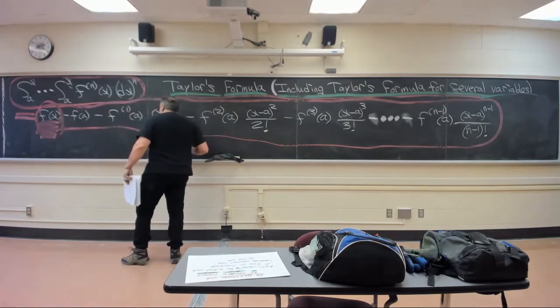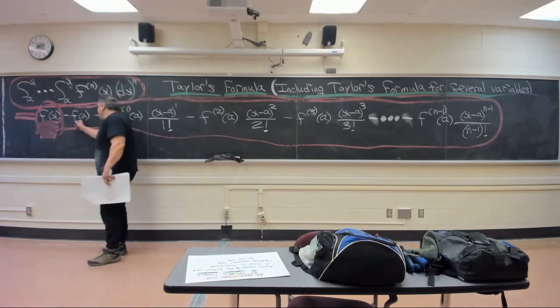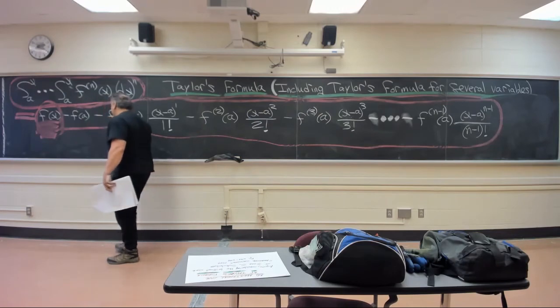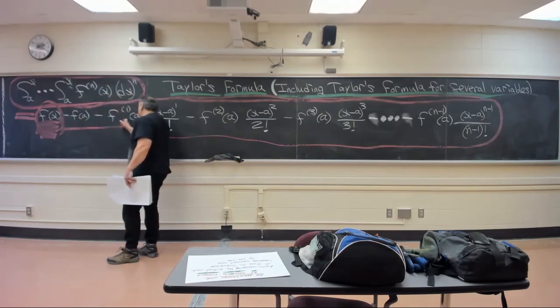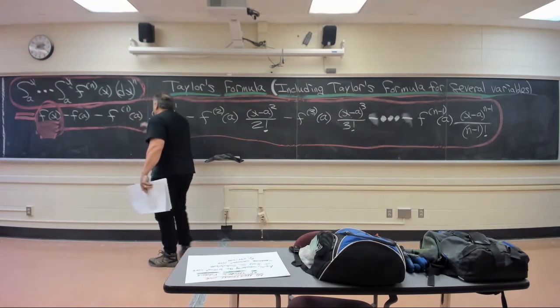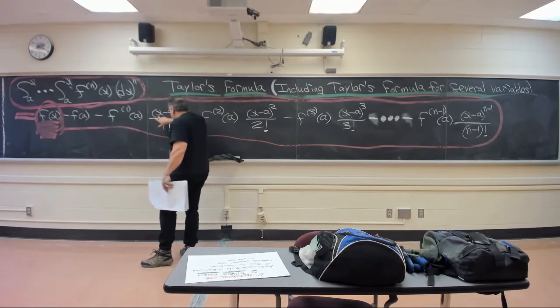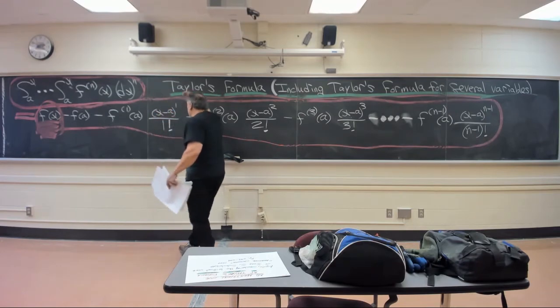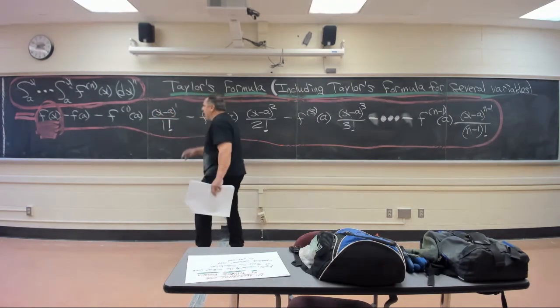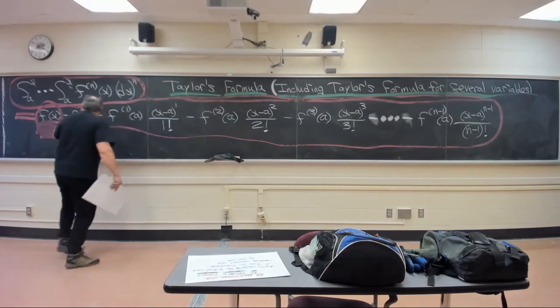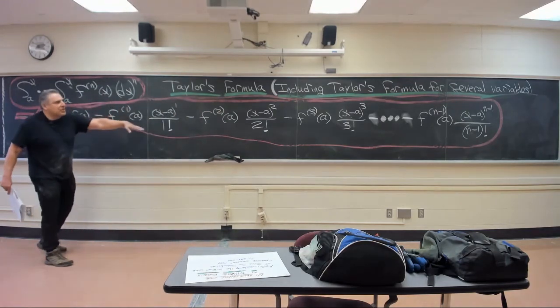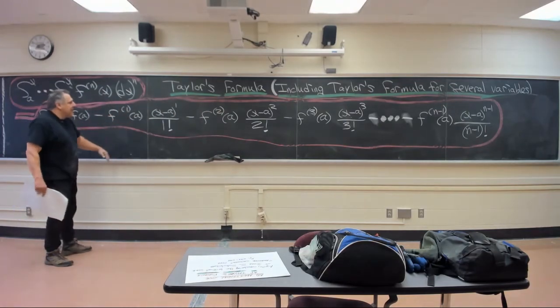Why don't you add f of a on each side? You're minusing the first derivative of f at a, so add the first derivative of f at a times the quantity x minus a to the 1 over 1 factorial, etc.